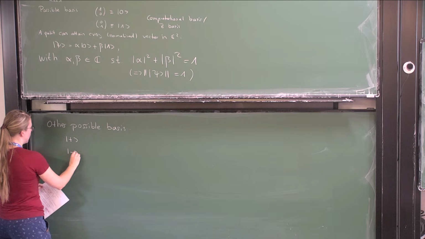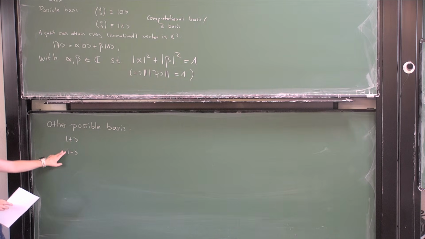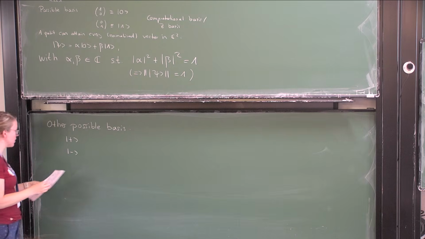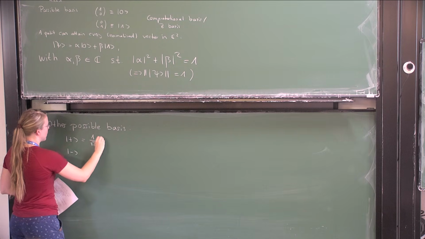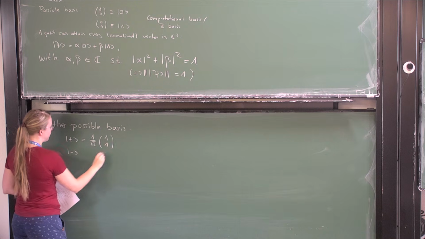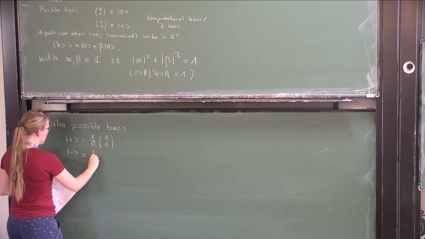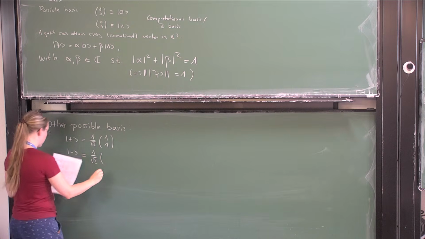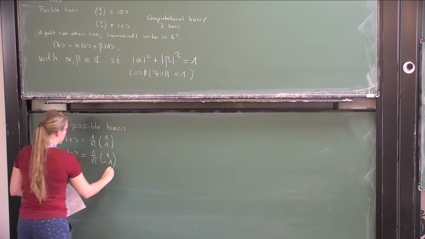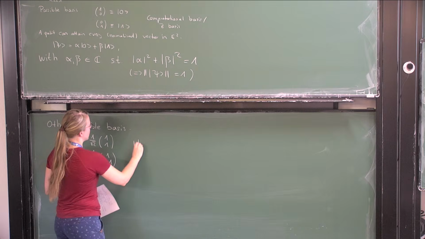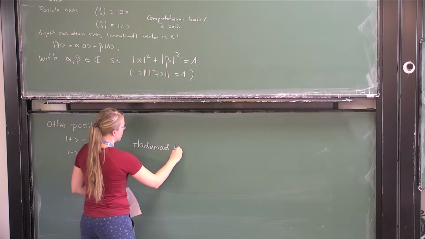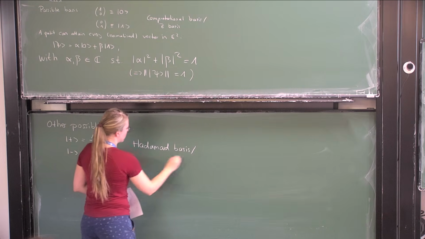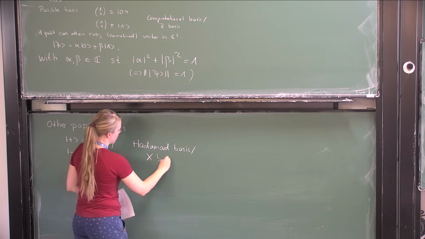Plus and minus. The notation I choose here doesn't really matter in the end. I can call it whatever I want. Plus is 1 over square root 2 times (1, 1), and minus is 1 over square root 2 times (1, -1). This is the Hadamard basis. It's also called the X basis.